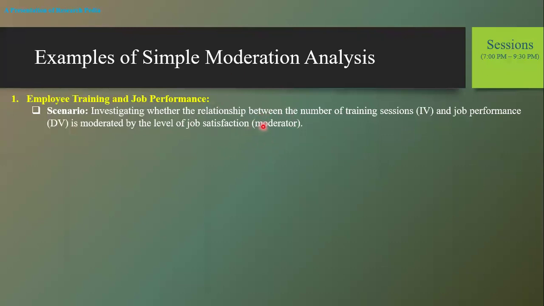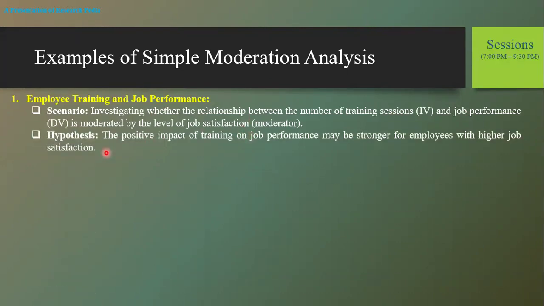If you are interested to know whether the impact of training sessions on job performance may be moderated through job satisfaction or not, the hypothesis would be that the positive impact of training on job performance may be stronger. As a researcher, you might have an argument that the impact of training on job performance may be stronger for employees with higher job satisfaction.